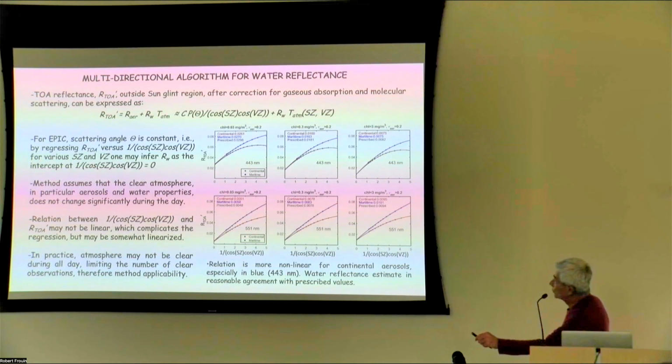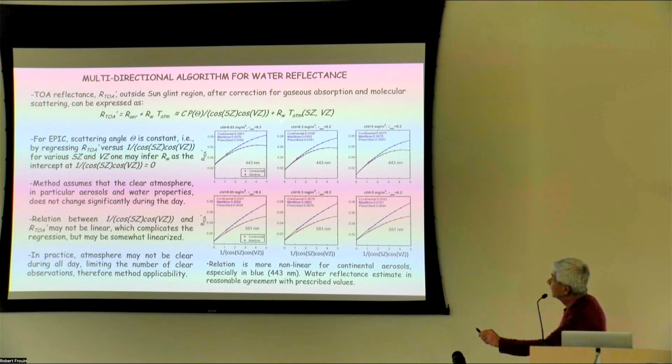The aerosol term is proportional to the phase function divided by the cosine of the sun's angle and the cosine of the view angle. This is a typical formula of the quasi-single scattering approximation. It's something good to remember because it basically describes the essential physics, the essential variability with respect to geometry.